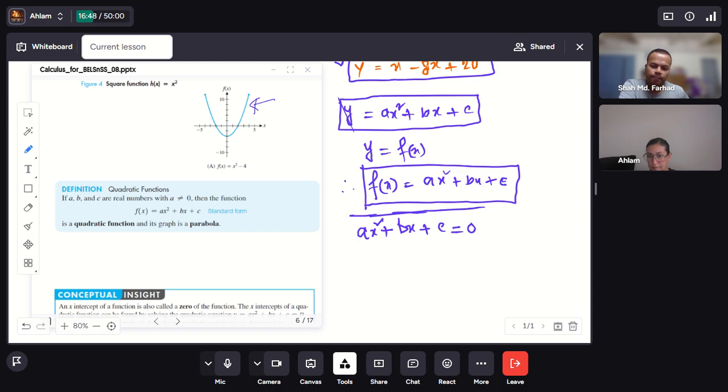Then what are the solutions of this quadratic equation? That is x equals negative b plus minus root over b squared minus 4ac, divided by 2a.